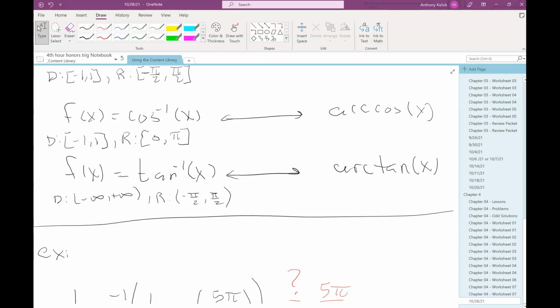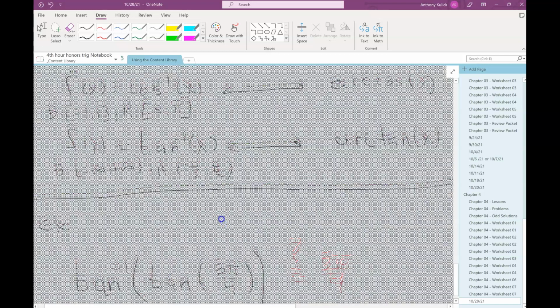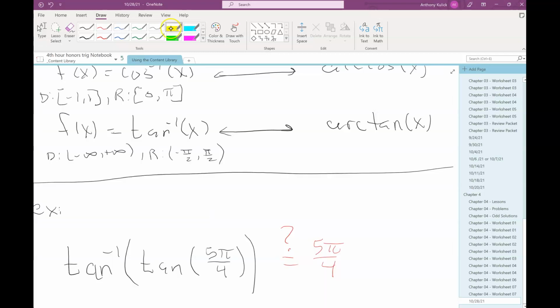I can't do undefined and give you back an angle measure. That's nonsense. There's no point there, right? So I know that tan inverse can't give me the value of 5 pi over 4 because it's outside of the range. Is that okay?